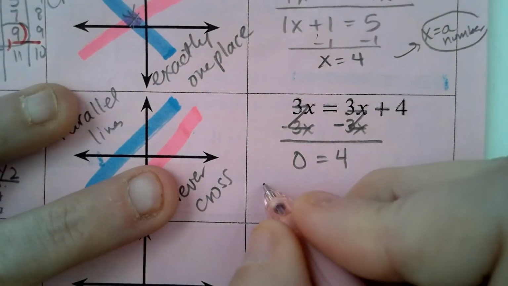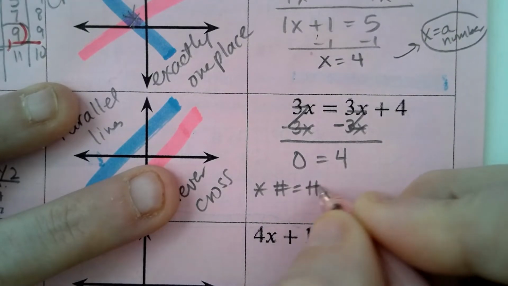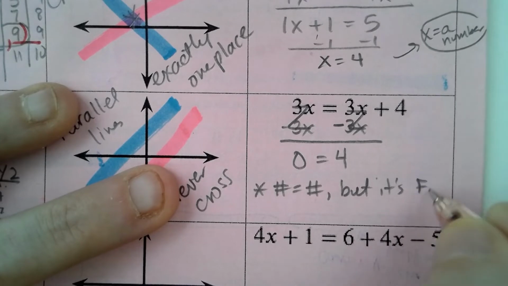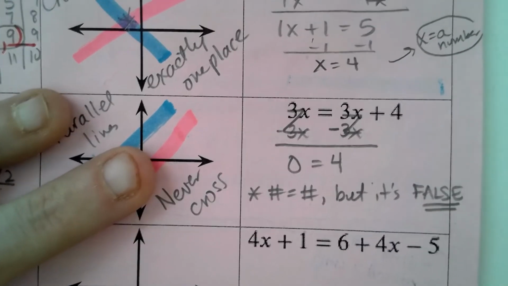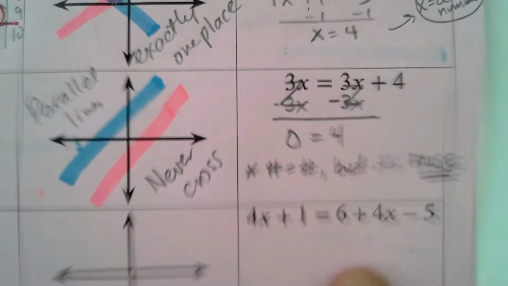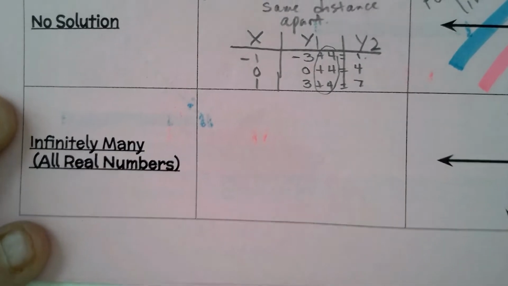Okay, so what this means is I have number equals number, but it's false. So just like with inequalities, when we had a number greater than a number and that was false, that would be no solution. Okay, let's take a look at the last one, which is infinitely many numbers.